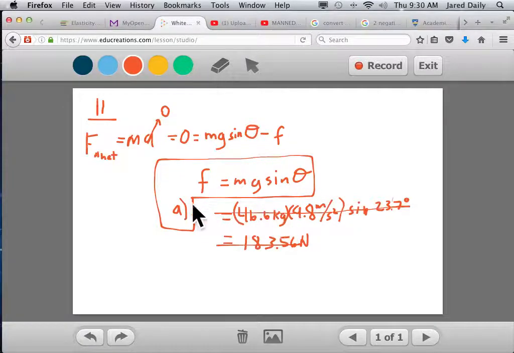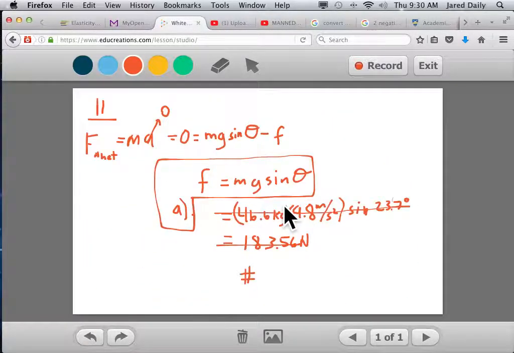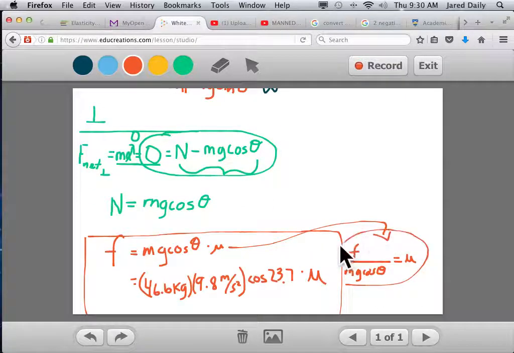Or you could take the number that you get for the friction and use this equation. No, actually you couldn't. You'd still have to divide this number by the normal force, which is this. So this is the only way to really do it, because this is the normal force.